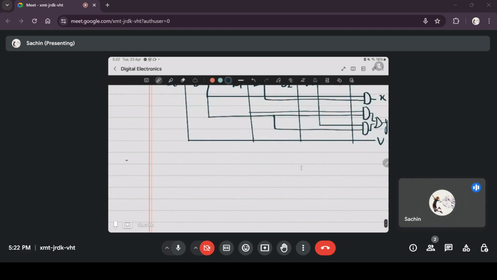Alright. Problem 4.30. Specify the truth table of an octal to binary priority encoder.